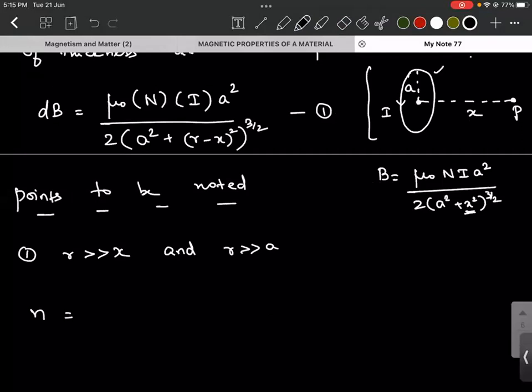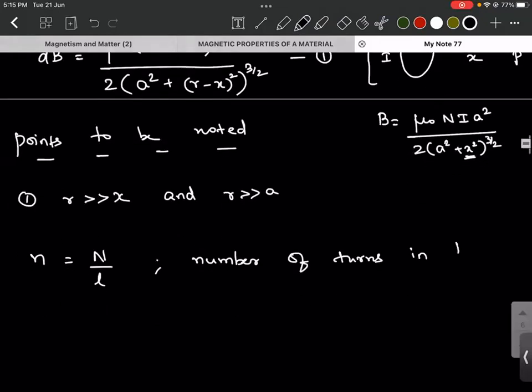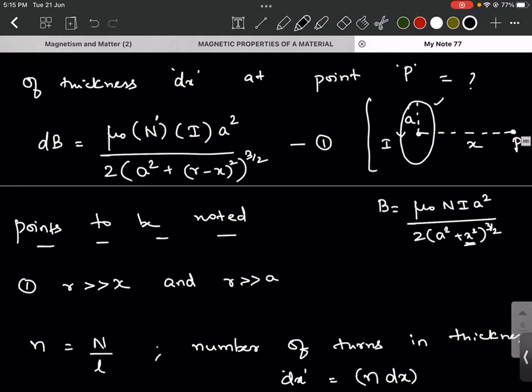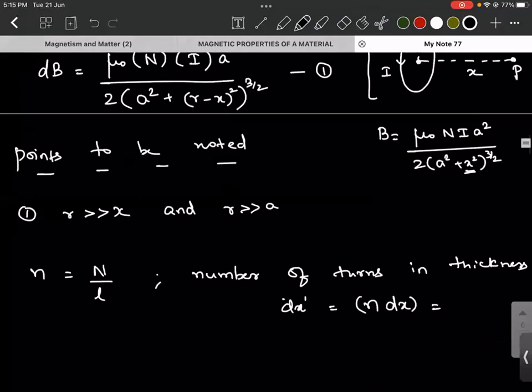When small n is equal to capital N divided by L, the number of turns in thickness dx will be equal to small n into dx. Here, a small correction, guys: it's not n, it is n dash, because it is the number of turns in that smaller value. So I'll call this n dash.